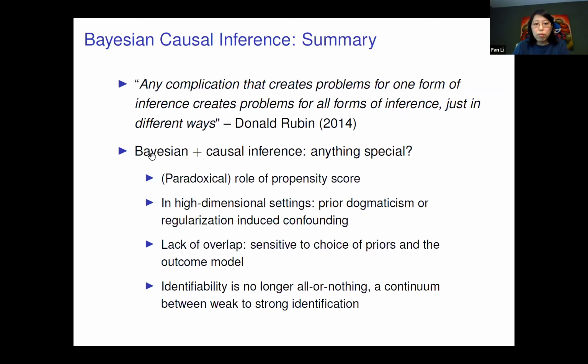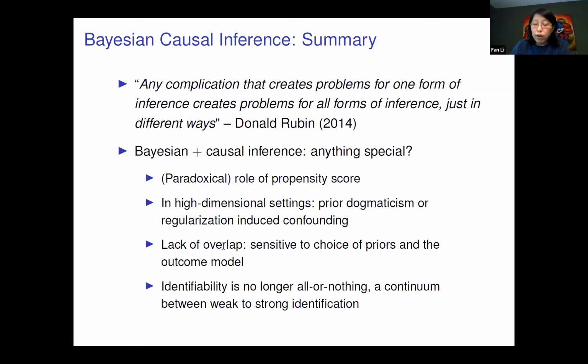So then what is special about Bayesian plus causal inference? We mentioned first this paradoxical role of the propensity score, and then we mentioned how to reconcile that. And then, of course, in the high dimension cases, you have regularization, and you have prior dogmatism, or this kind of issue. And in the frequentist domain, we actually have similar issues, just in a different form.